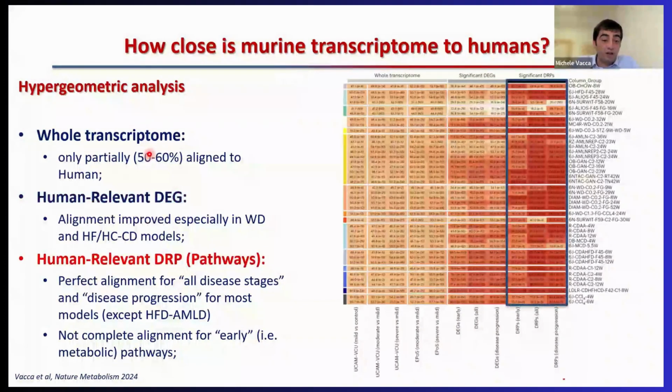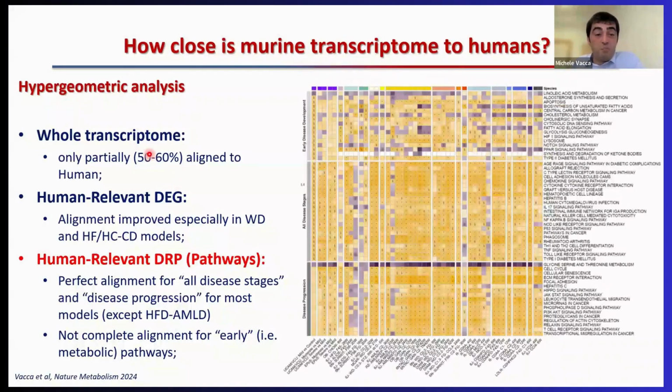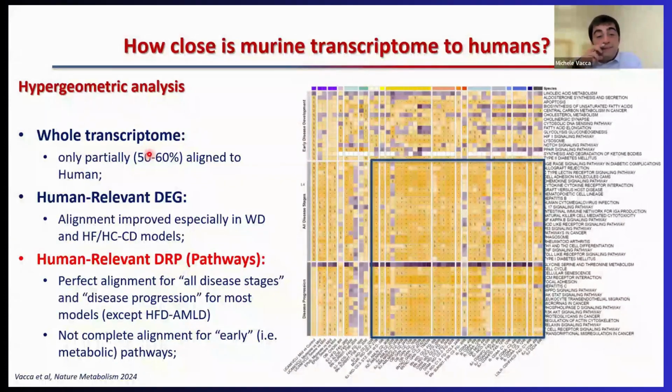The degree of alignment increases even more when you look at pathways, suggesting that the single gene is not such important, but the overall regulation of the pathway is really consistent to what is expected in humans. And you have a perfect alignment when it comes to all those genes and pathways which are important for all the disease stages and for disease progression.